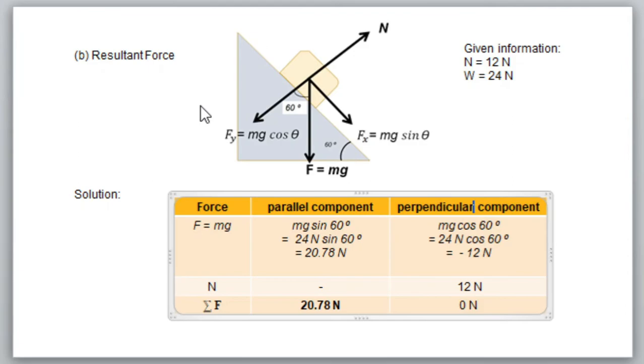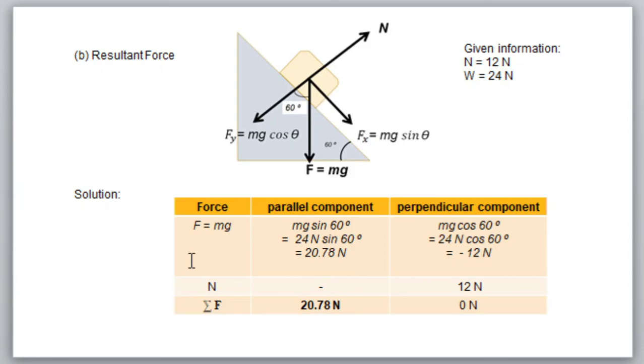The normal force acting on the object has a parallel component to the plane of nil. There is no component parallel to the plane, but the component of the normal force which is perpendicular to the plane is 12 Newton. So we sum up all the forces at the parallel component, and it will be 20.78 Newton.